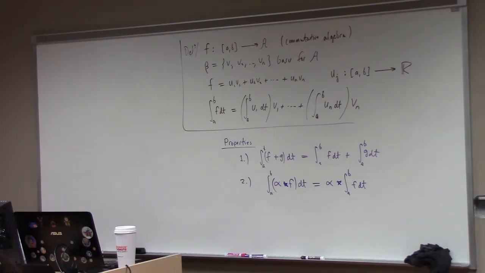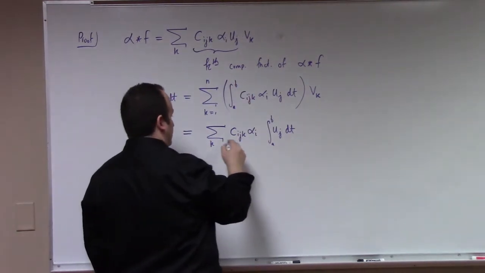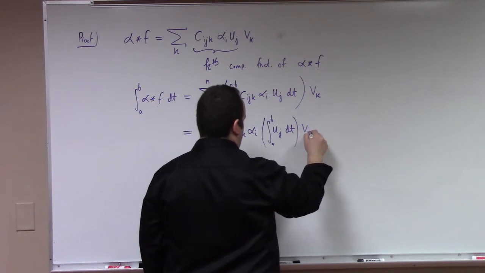And we've got the sum over k of c_ijk alpha_i, and then the integral of u_j dt from a to b, and then v_k.